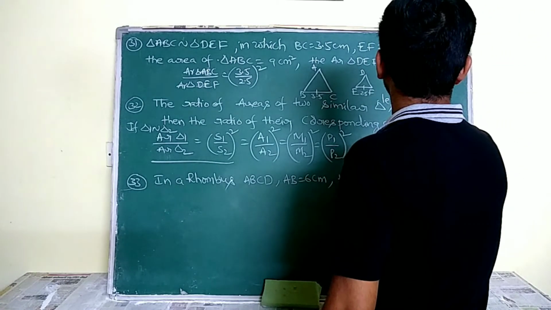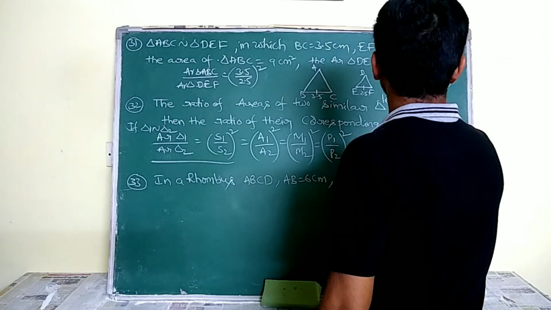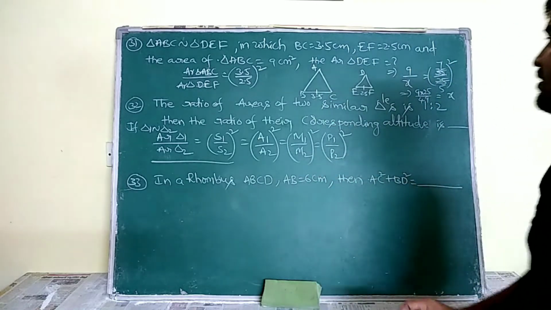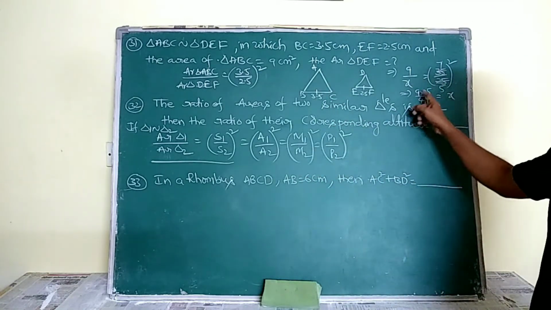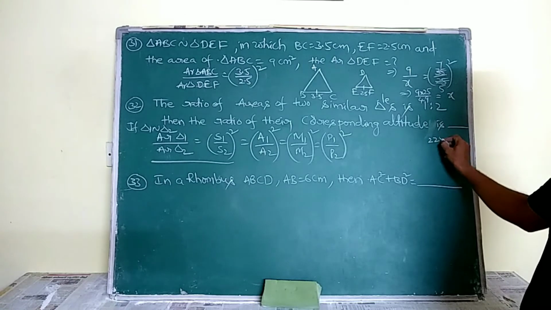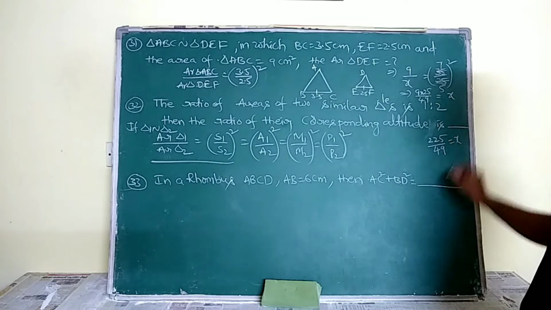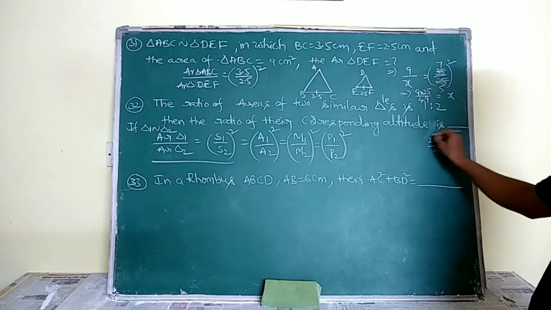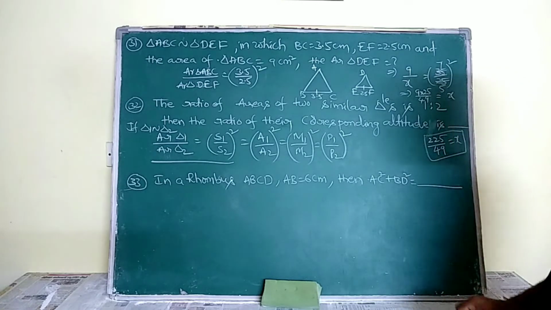By cross multiplying this, 9 into 25 by 49 gives us the x value. So x is equal to 9 into 25 by 49. 9 25s are 225, so 225 by 49 is equal to x. Understand? So this is the value of x, 225 by 49.